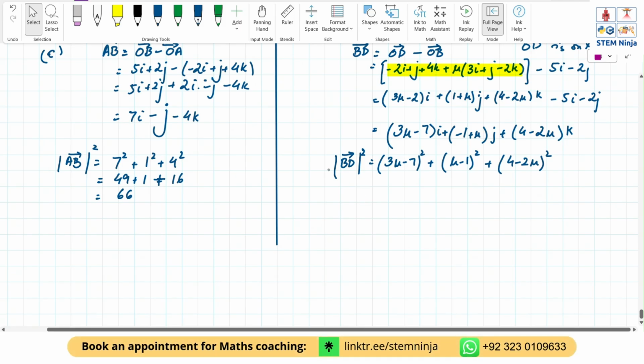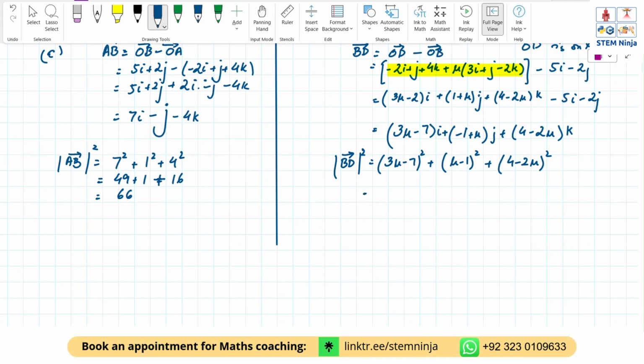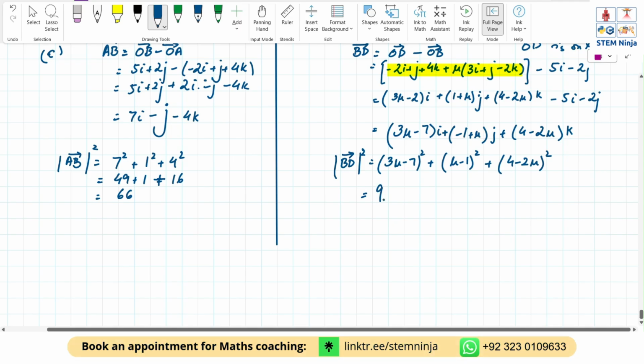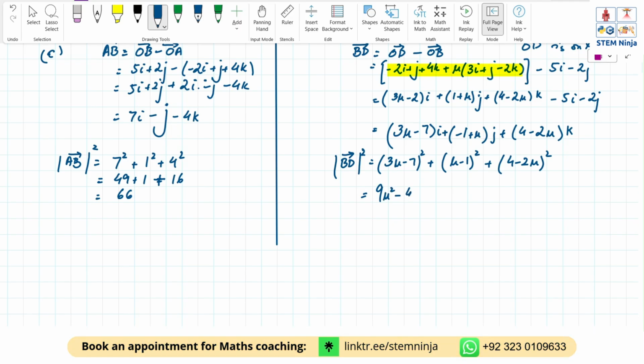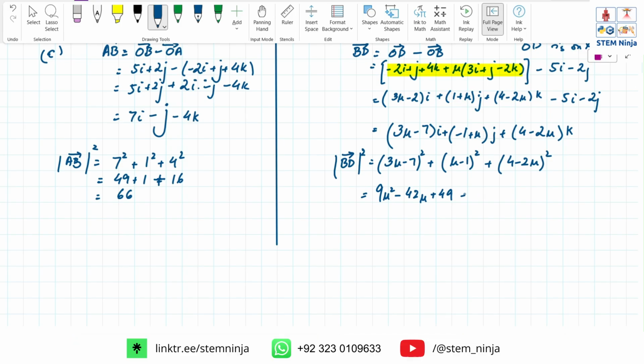So 9 mu squared, 3 times 7 is 21, times 2 is 42, plus 49, plus mu squared minus 2 mu plus 1, and plus 16, 4 times 2 is 8, 8 times 2 is 16, mu plus 4 mu squared.